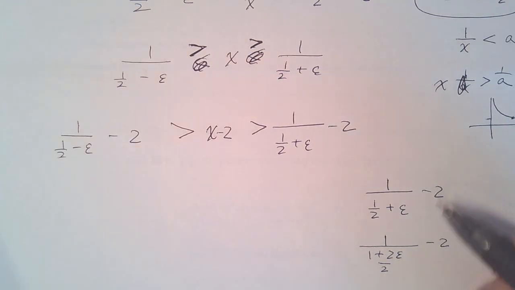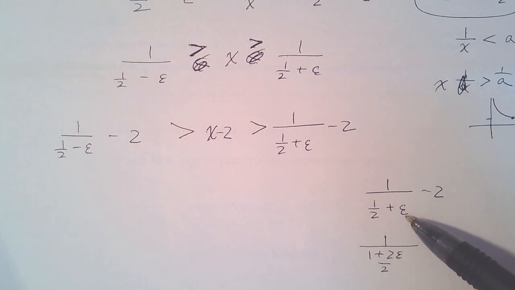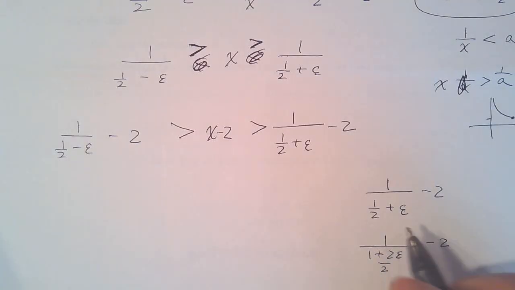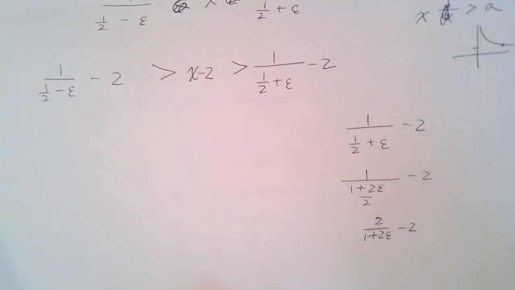Right, so epsilon is epsilon over 1, so that's that, and then 1 over a fraction, we just flip it. So it's going to be 2 over 1 plus 2 epsilon minus 2, right?